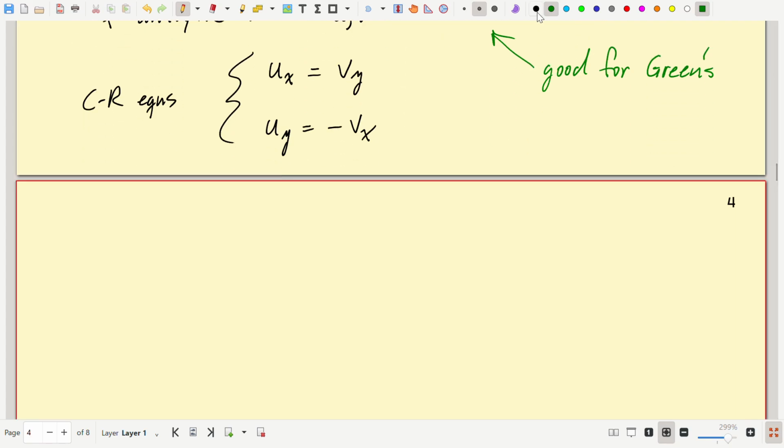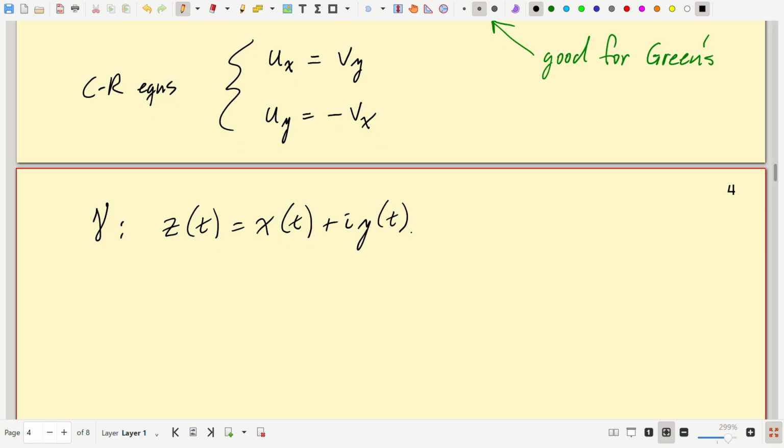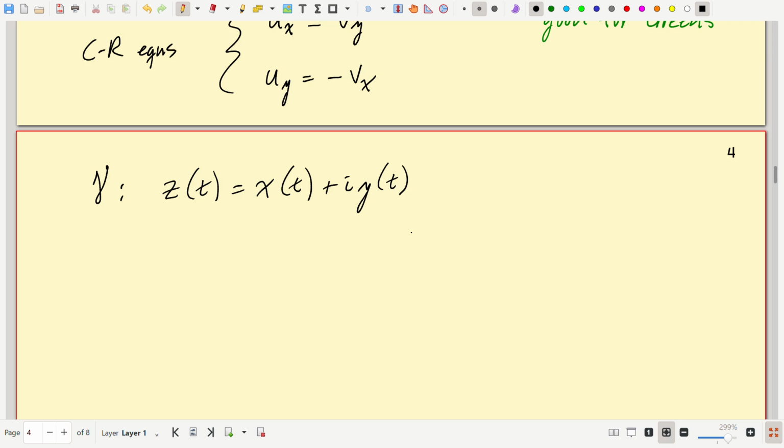So our gamma is parametrized by z of t equals x of t plus i y of t. And remember what the complex integral stands for.